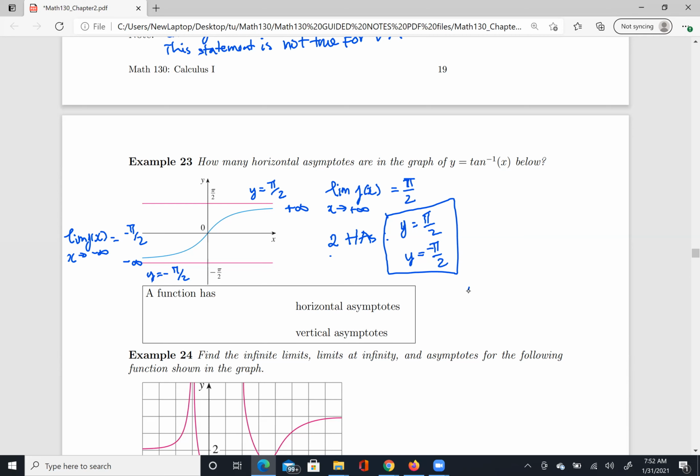Okay, so make sure you check the limits: check the limit as x goes to positive infinity and as x goes to negative infinity.